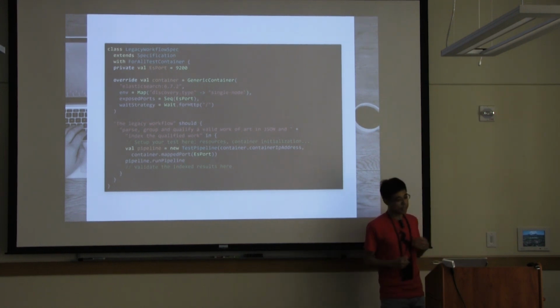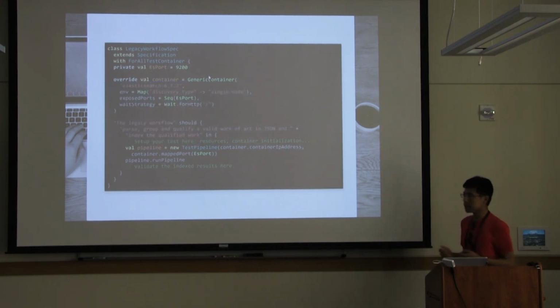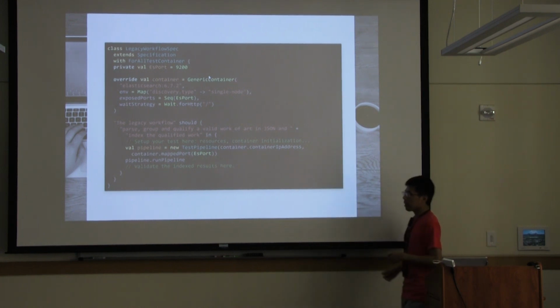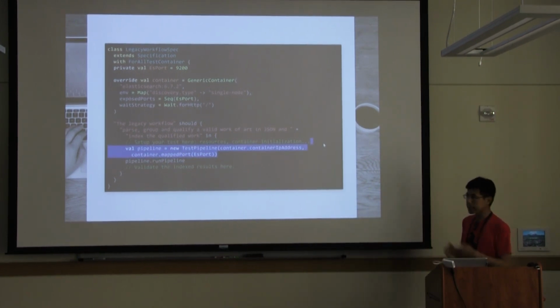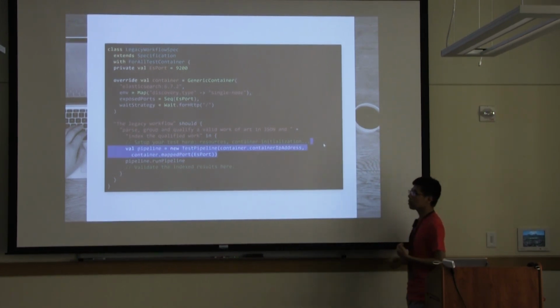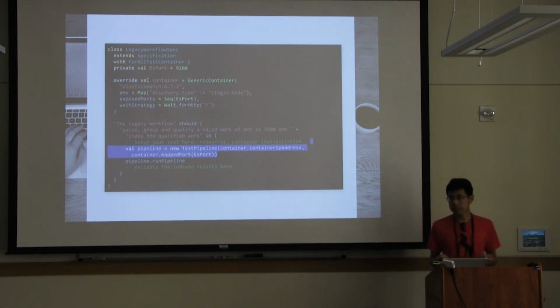Here, what we are doing is using the Testcontainers library to create a temporary Elasticsearch Docker container. And then we can create our new test pipeline inside our testing directory to load the user ratings data from our regression tests and execute the entire pipeline.